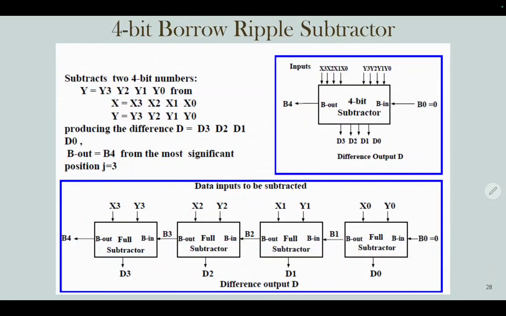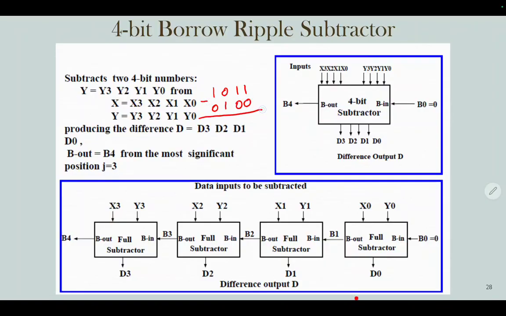Okay, let's take a look at the 4-bit borrow ripple subtractor and how it performs the operation. For example, you have 1 0 1 1 and 0 1 0 0.